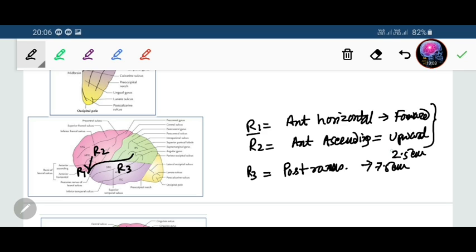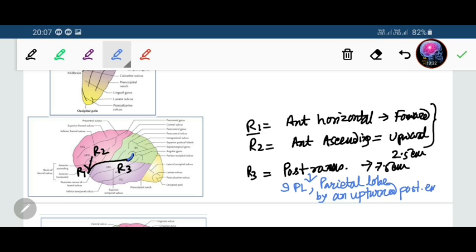It ends in the inferior parietal lobule of the parietal lobe by an upturned posterior end.